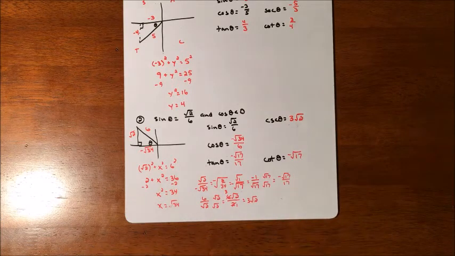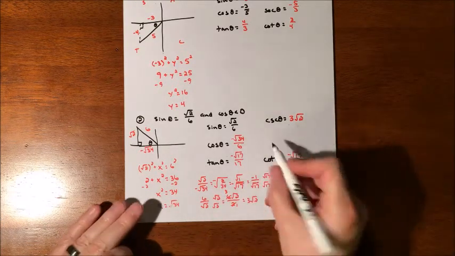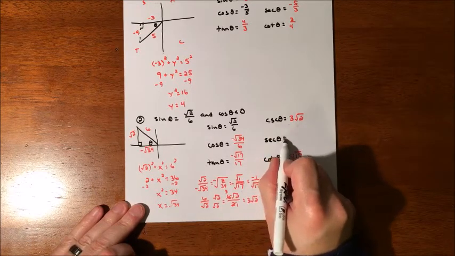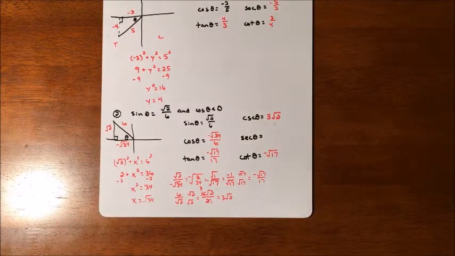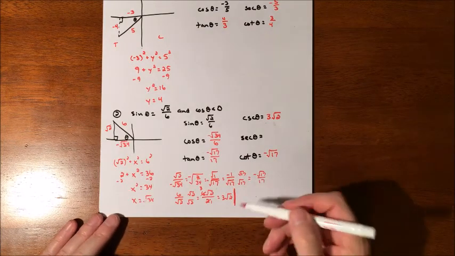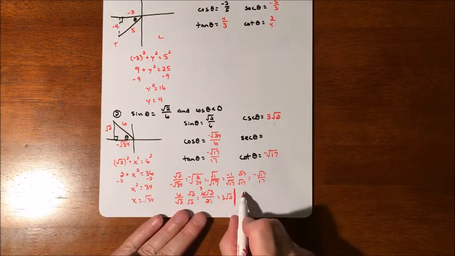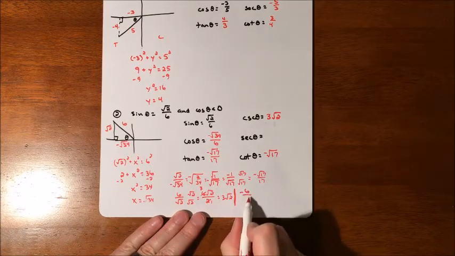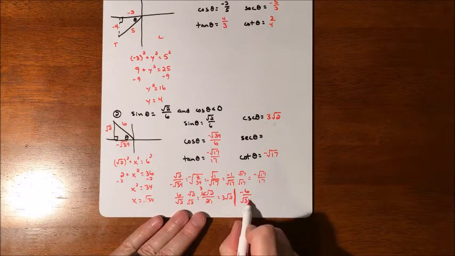And then we have secant, which is also another one we'll have to mess with. So secant is going to be, we do the reciprocal of that one, so it's going to be a negative 6 over root 34.